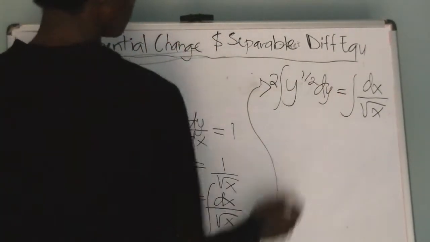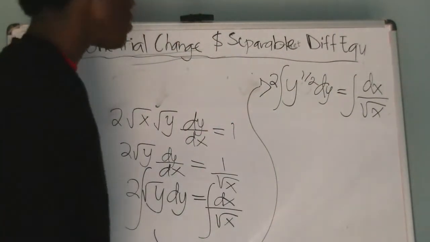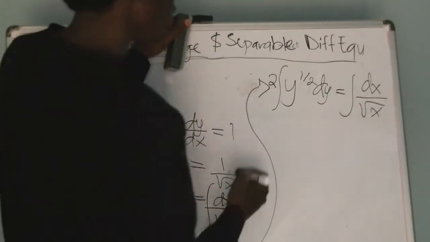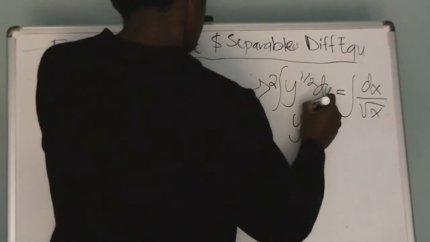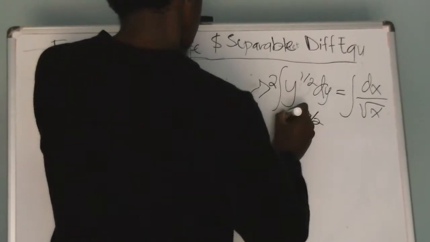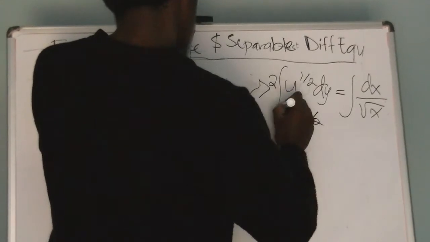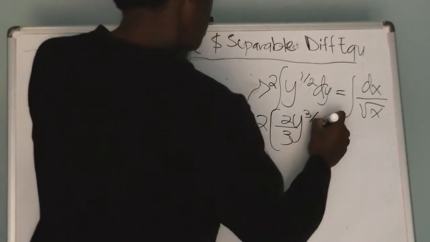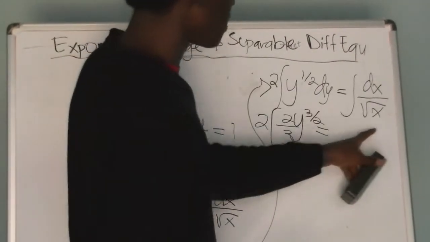So to integrate this, you probably already know at this point, I would just add 1 to that power and divide by that power. So I would end up with y to the 3/2 times 2/3 times this 2, can't forget that one, equals, and how do you integrate this side?